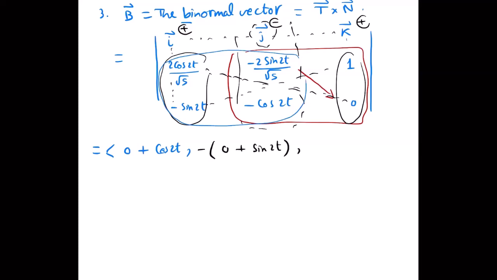The third and last one is the K component. Cover the row, and we get a big thing, negative 2 cosine squared 2t over root 5. Yes, minus.